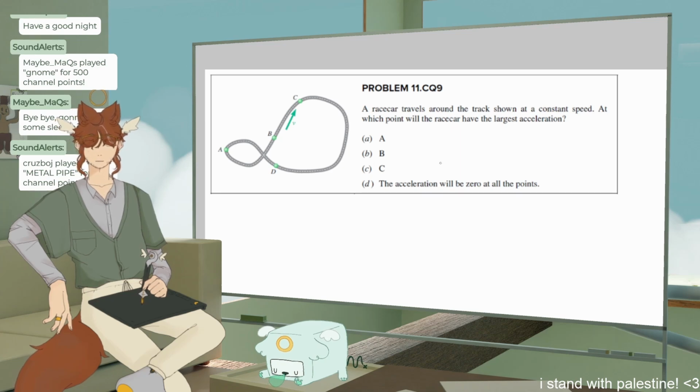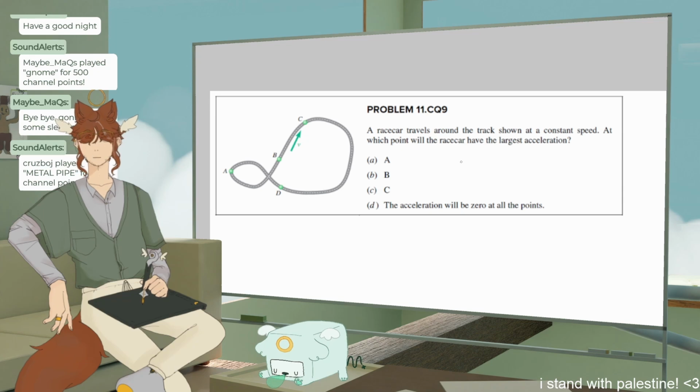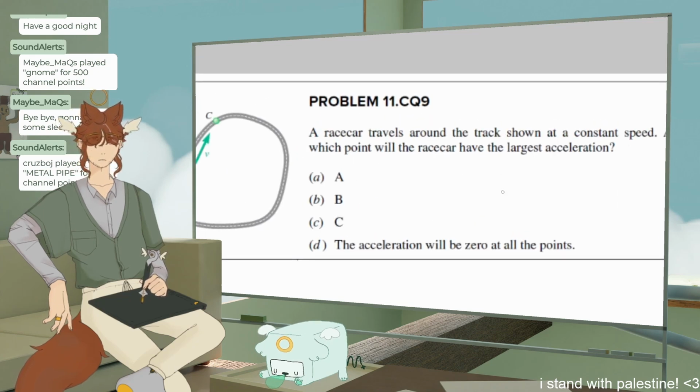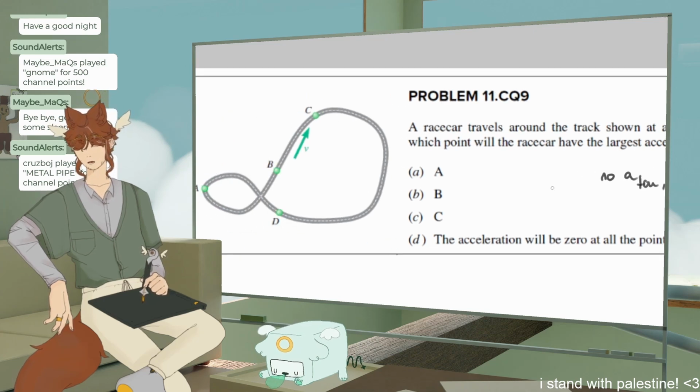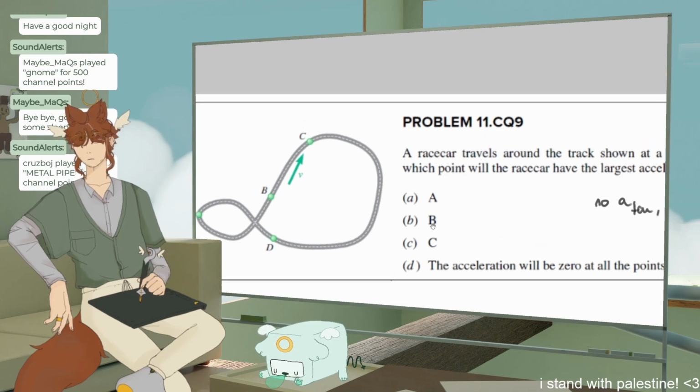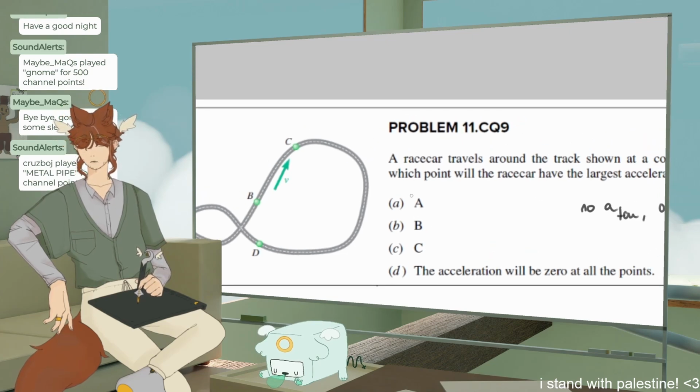Okay, a race car travels around the track at a constant speed. Again, so no A tangent. Only A norm. Which one will have the largest acceleration? The smallest radius of curvature.